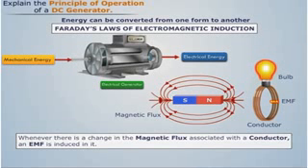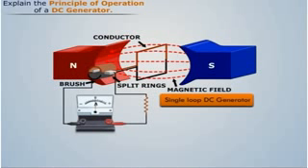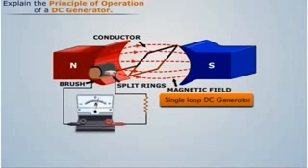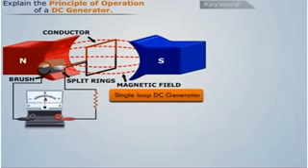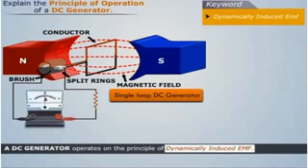Therefore, the two basic essential requirements of an electrical generator are the magnetic field and the conductor which can move so as to cut the magnetic flux. Thus, we can say that a DC generator operates on the principle of dynamically induced EMF.